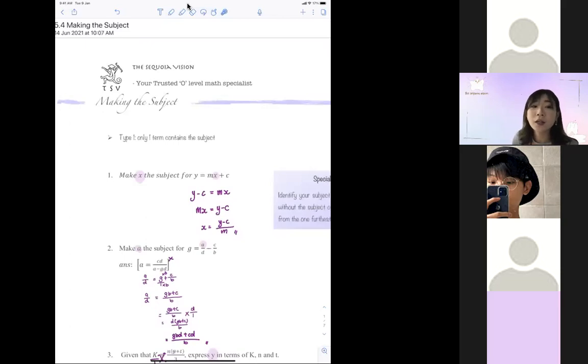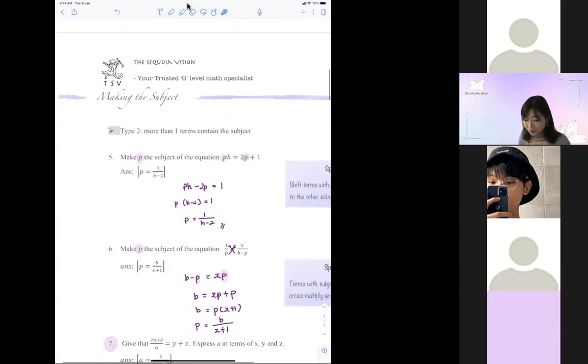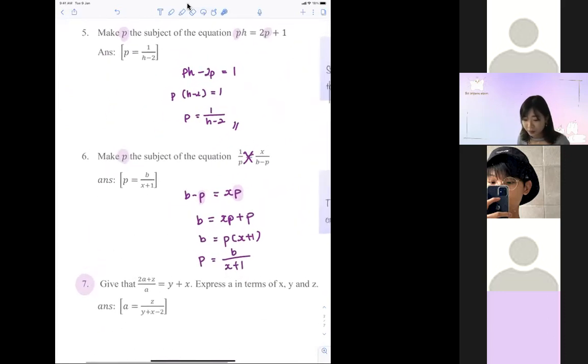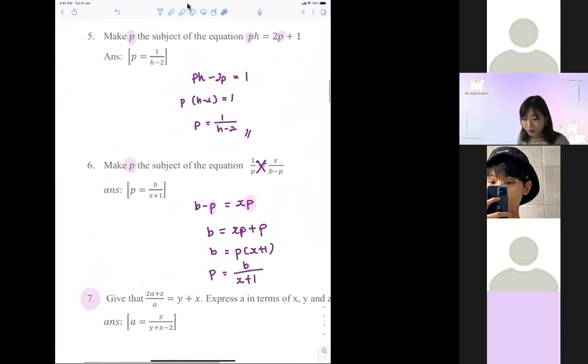Okay. Sunny and Dawn, when you're done copying 5 and 6, you just put a thumbs up, okay? Good. Okay.